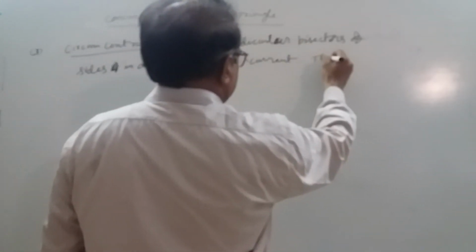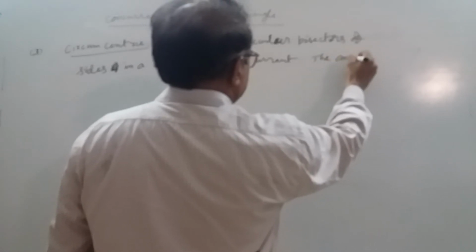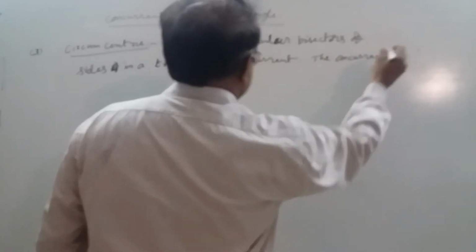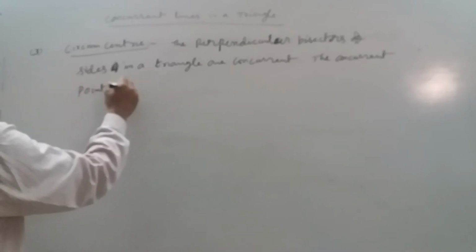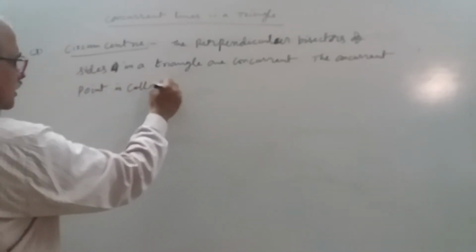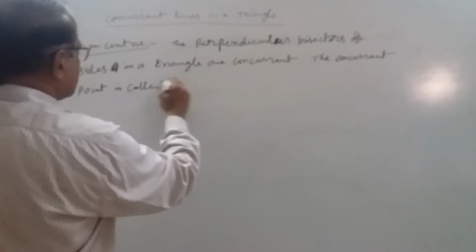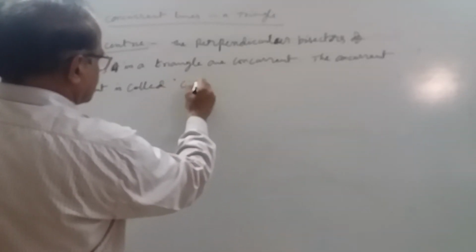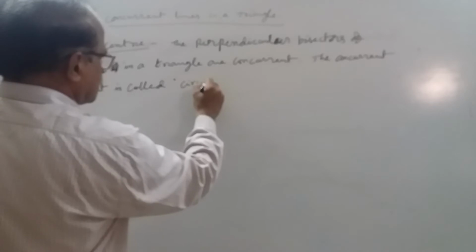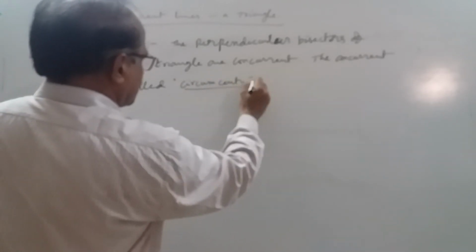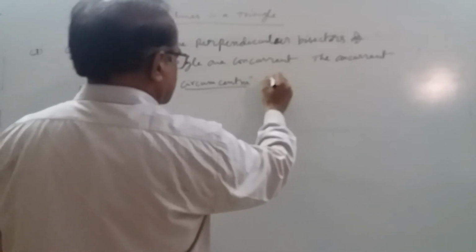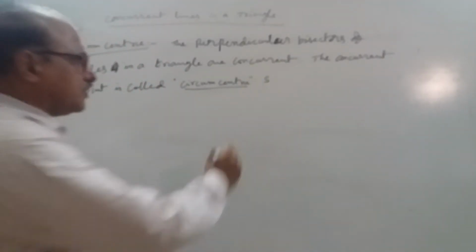The concurrent point is called the circumcenter. It is denoted by S.